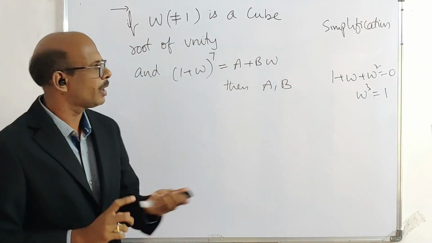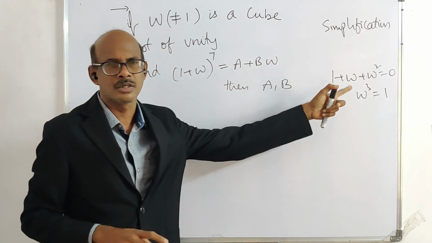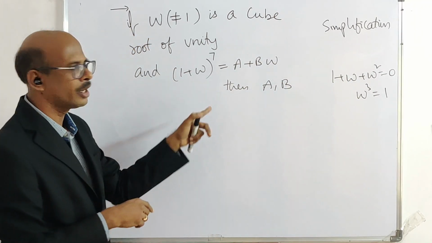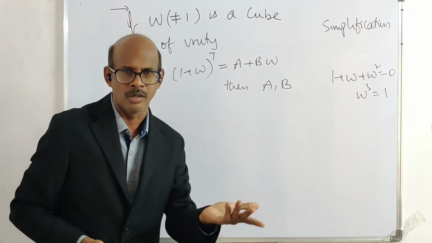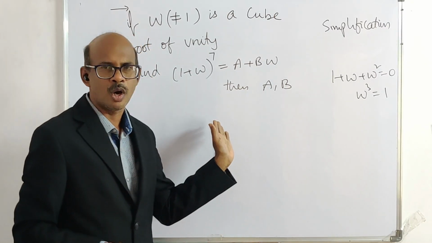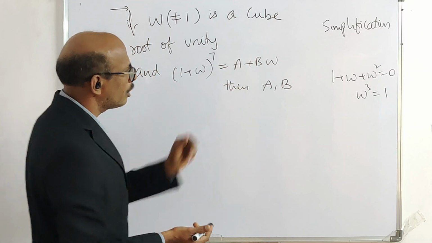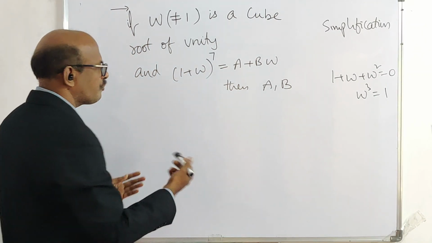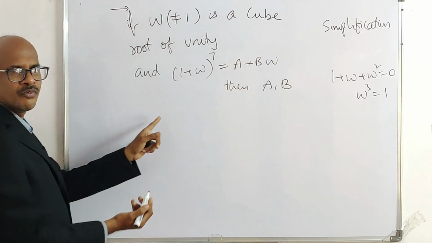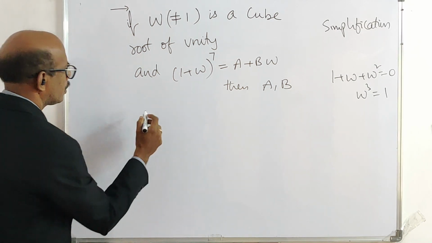My dear student, by knowing these two results only, this can be evaluated. If you want to try by yourself, pause the video and try in your own style. If not, continue the video.